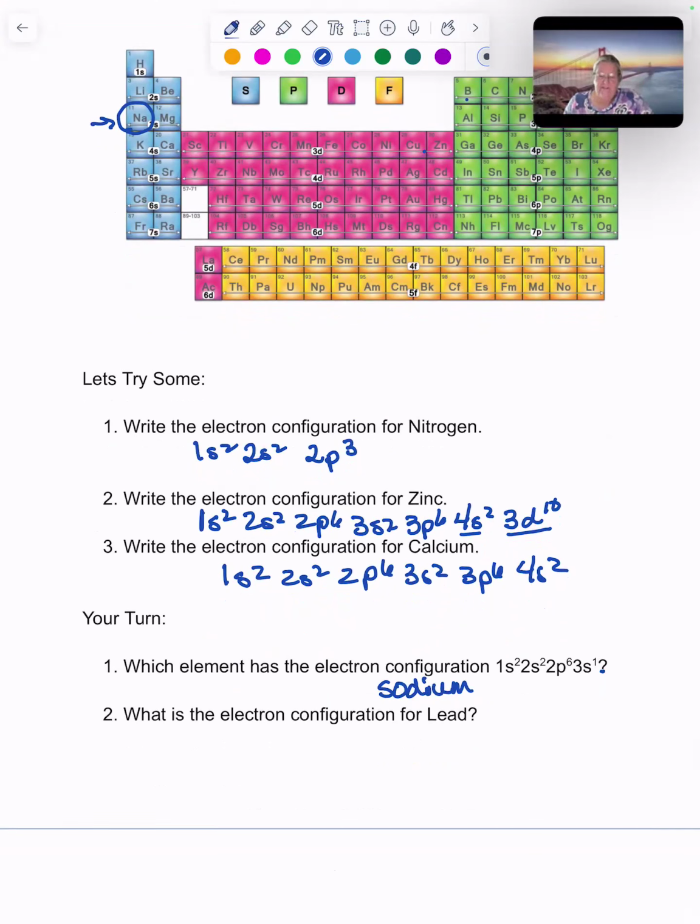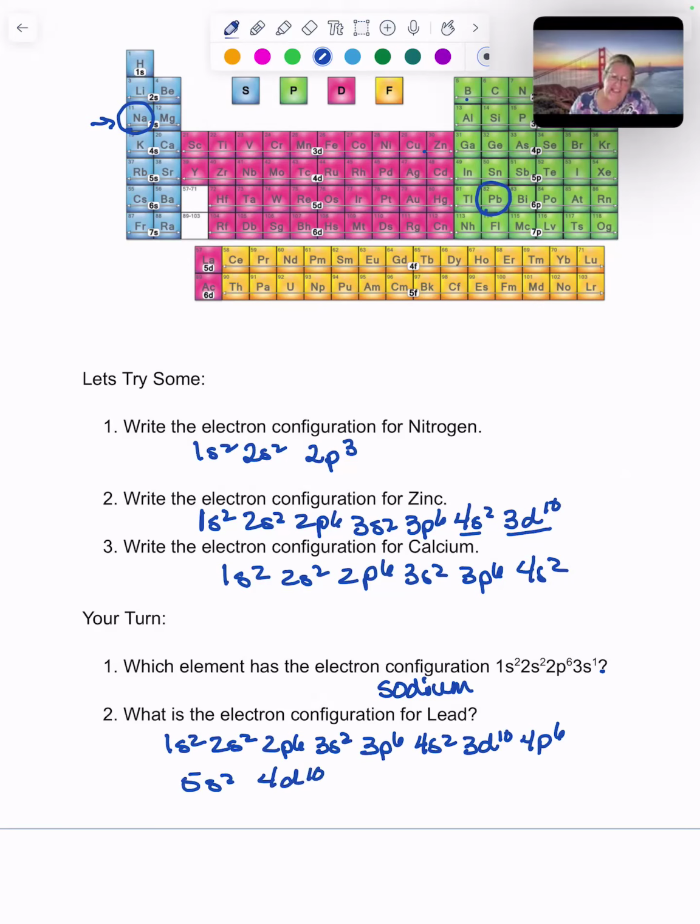What is the electron configuration for lead? This is a long one. We've got to go all the way down to 6p. That's our 6p level here, 2. So it's going to be 1s2, 2s2, 2p6, 3s2, 3p6, 4s2, 3d10, 4p6, 5s2, 4d10, 5p6, 6s2.